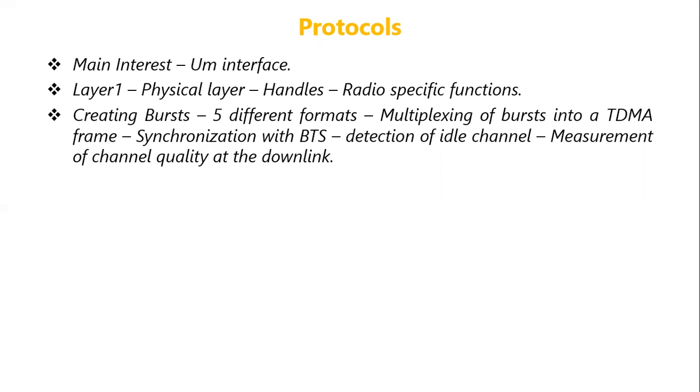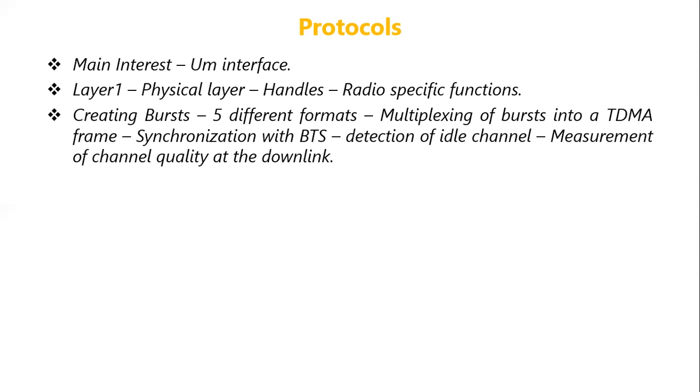It may be a multi-frame, or a control multi-frame, or a combination of 26 super frames, or 51 super frames, or a hyperframe. So creation of bursts, that is data in 5 different formats, is one of the jobs of the physical layer.